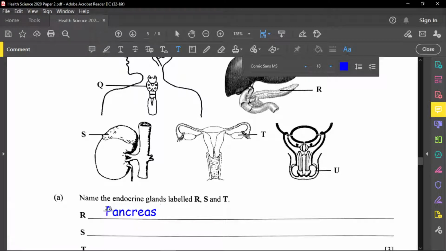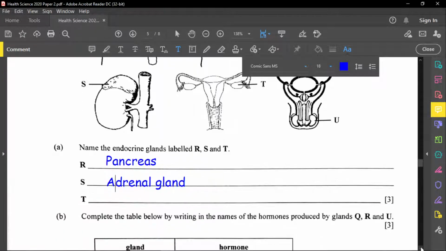S is on top of the kidneys, so that is the adrenal gland. And T is right here. That's a part of the female reproductive system, so that is the ovary.